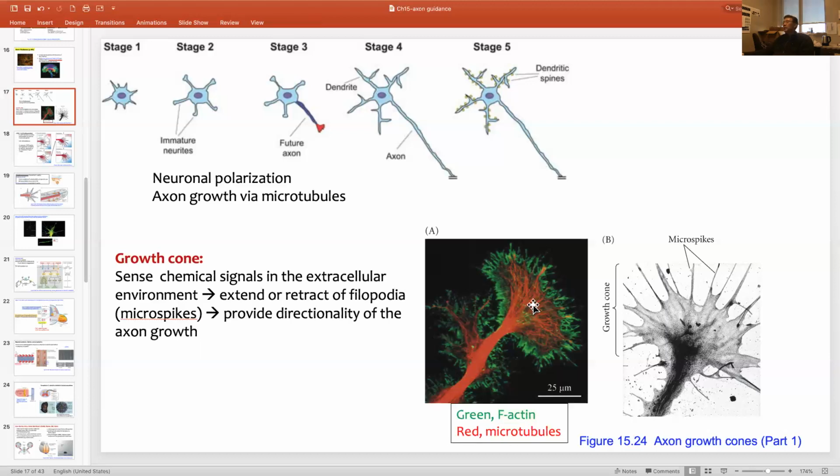If you look at this area more closely, you can see a large number of spikes, called microspikes, formed.